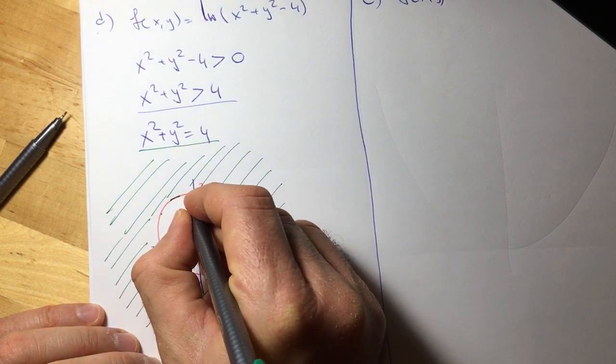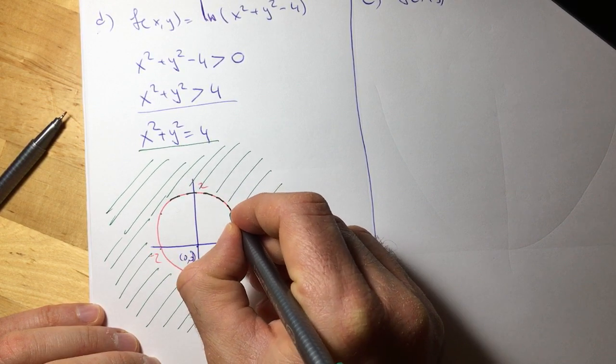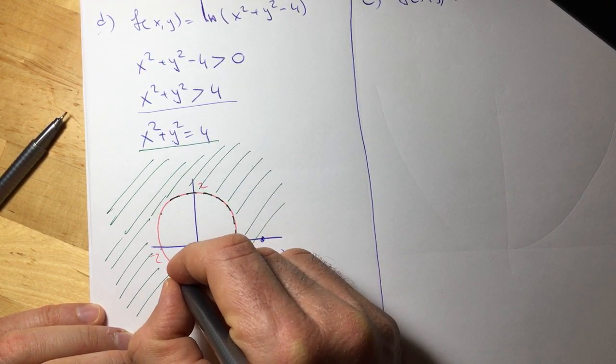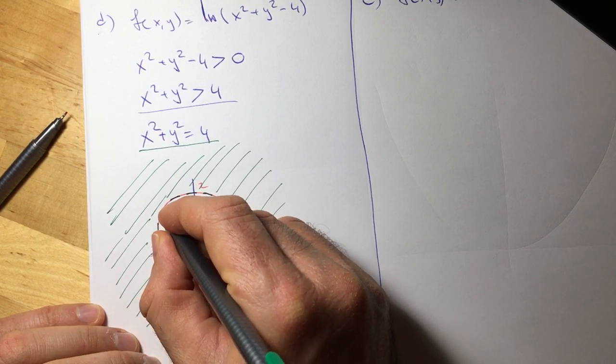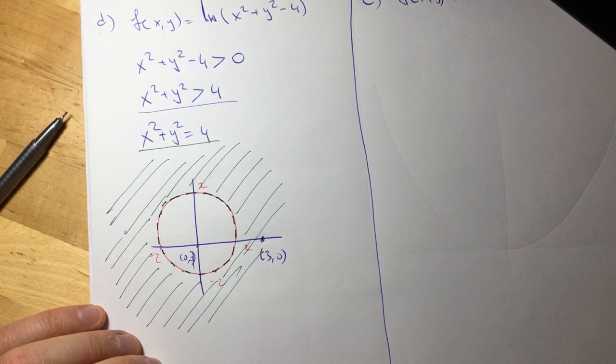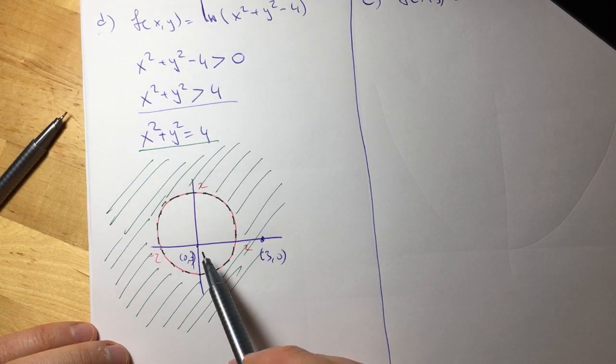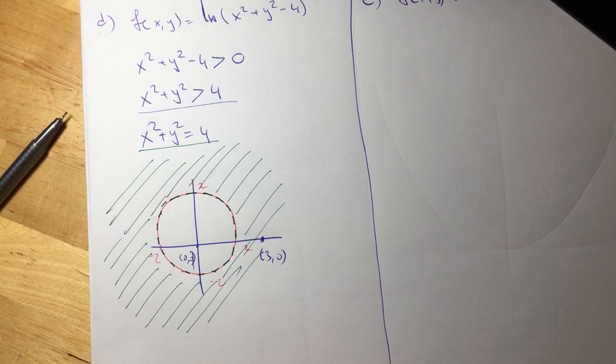So how do we do that? We're going to take out that circle. So the circle itself is not part of the domain. So the domain are all the points outside of the circle, and the points on the circle are excluded from the domain also. Okay, what about the range now?